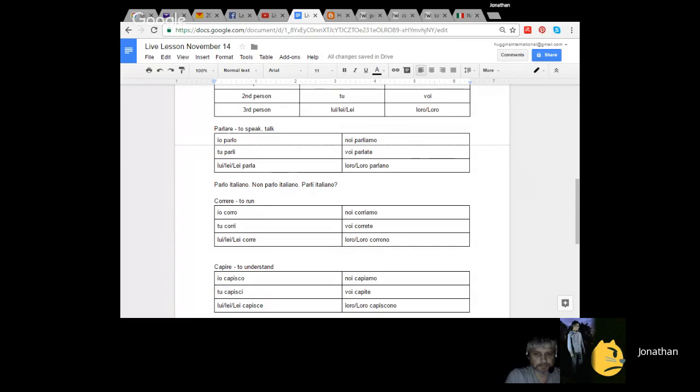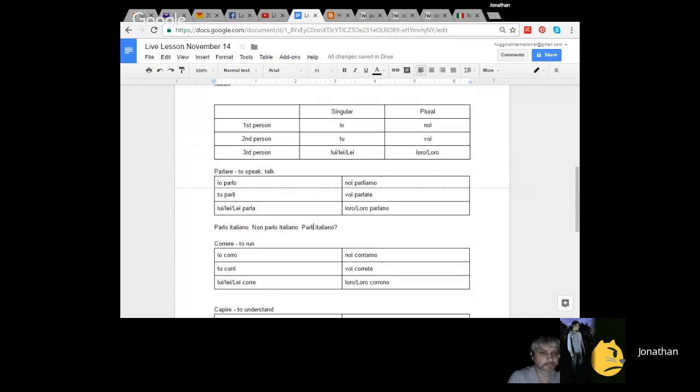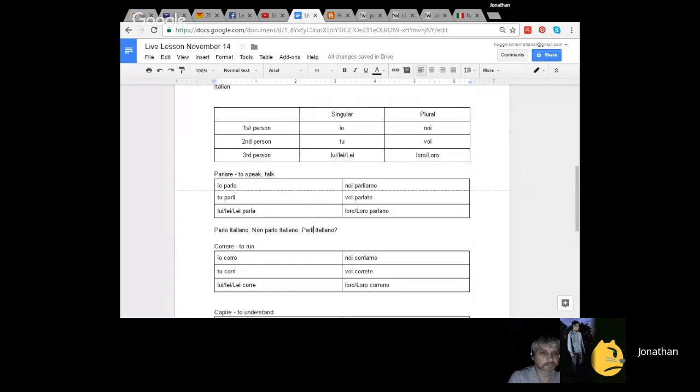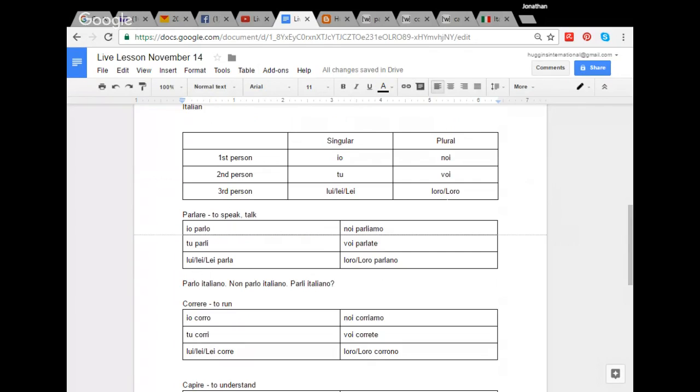What I do here is I take the ending, the ARE, off, and I have these six cells here, since Italian, as a Latin Romance language, is an Indo-European language, so it has these six forms that we're looking at. We have io, tu, lui, lei, Lei.